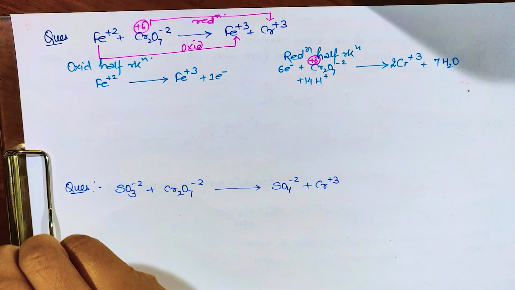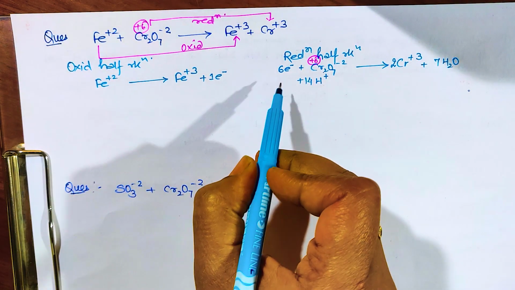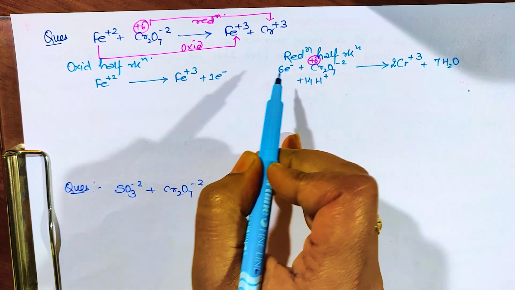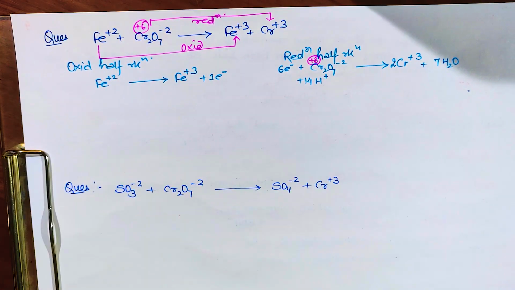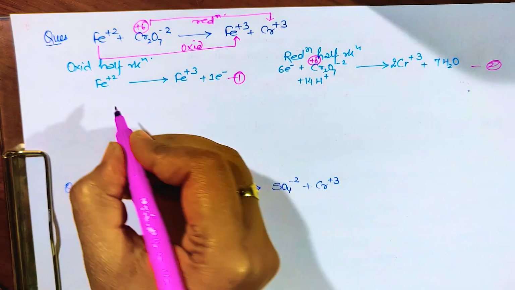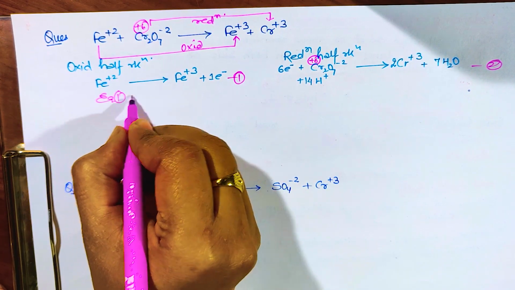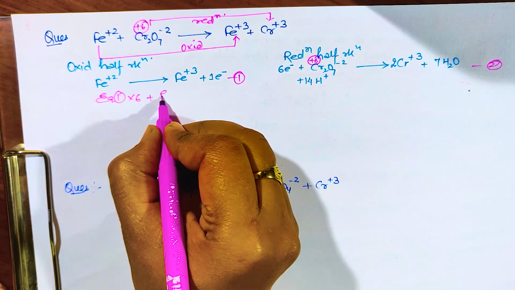Okay, now in the next step you have to multiply by such a number that the number of electrons will be equal in both cases. Let me write this as equation 1, and this is equation 2. Equation 1 should be multiplied by 6, and then add equation 2.